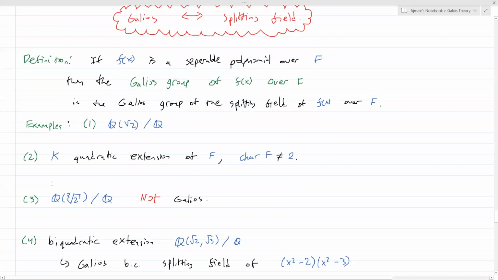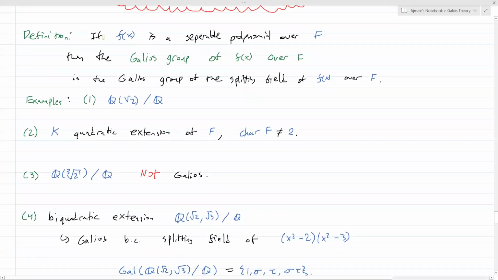Now, definition: if f of x is a separable polynomial over F, then the Galois group of f of x over F is the Galois group of the splitting field of f of x over F. Reasonable definition. So the Galois group of a polynomial is the Galois group of the splitting field of that polynomial.